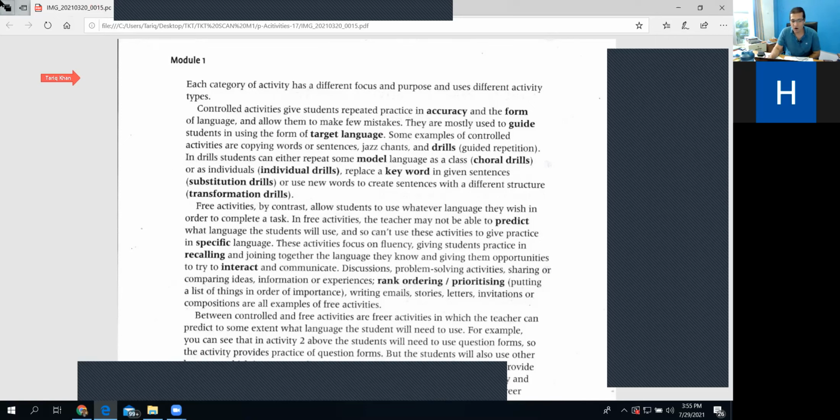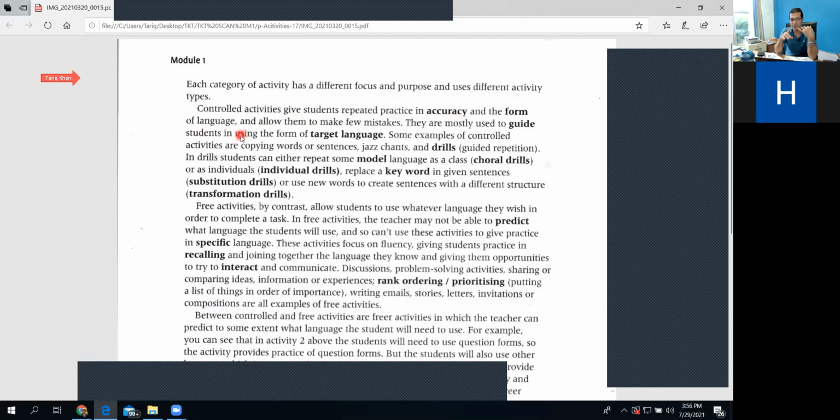Each category of activity has a different focus and purpose and uses different activity types. Each category, different uses, different purposes. Number one, controlled activities give students repeated practice in accuracy, which we discussed already, and the form of language.